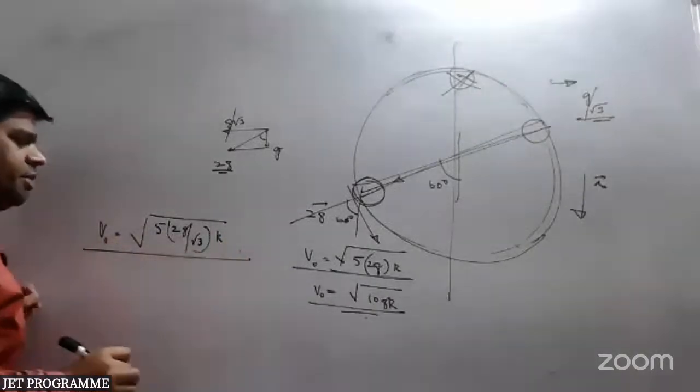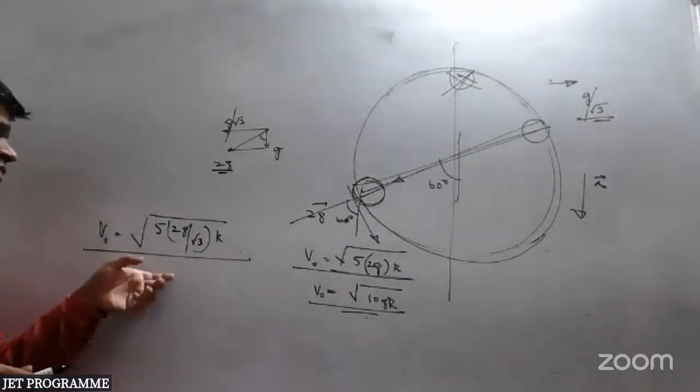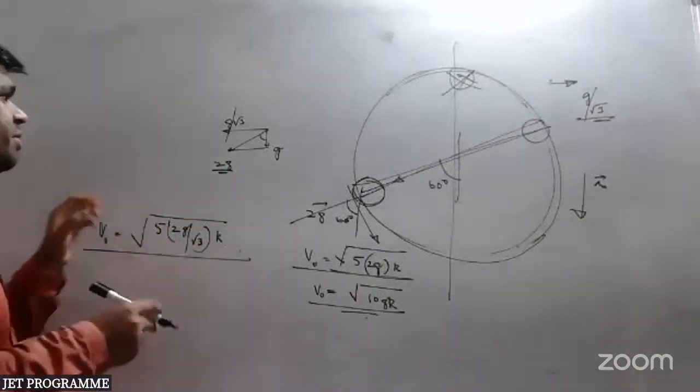Check if this is correct. I could be wrong: 5 times 2g by root 3 into r. Yes, sir, that's right. Okay, so how do I get this? 5 times g effective times r. How do I get the g effective?